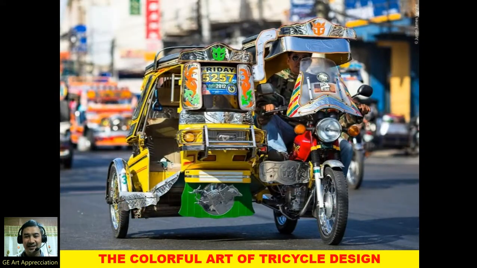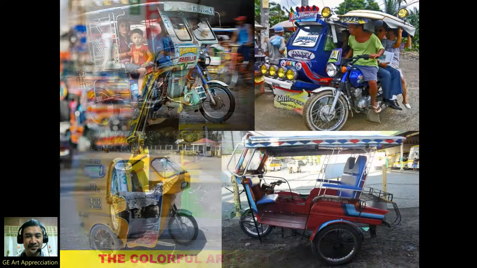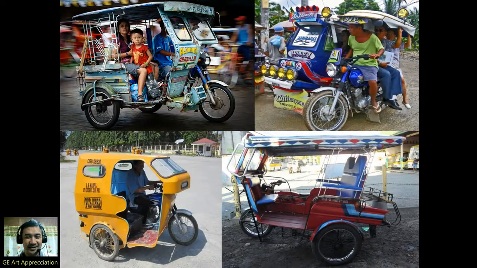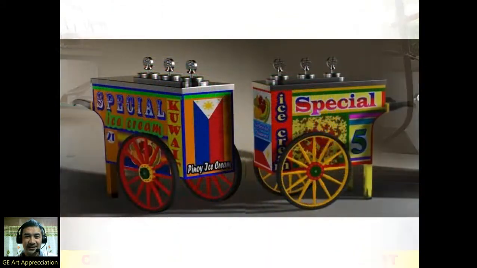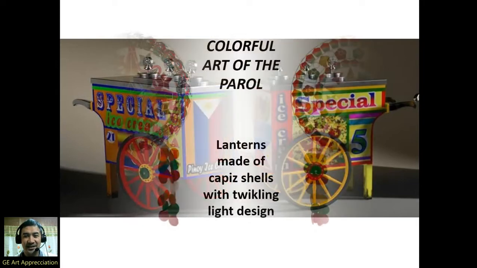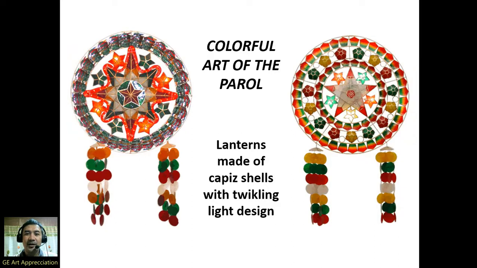Even the tricycle, no, there is this sign, okay, and there is also colors. See? And that is an art. Even the colorful Philippine ice cream cart. Okay? Ayan. So, ganyan dati yung mga itsura, no, ng ating ice cream cart. Dirty ice cream.